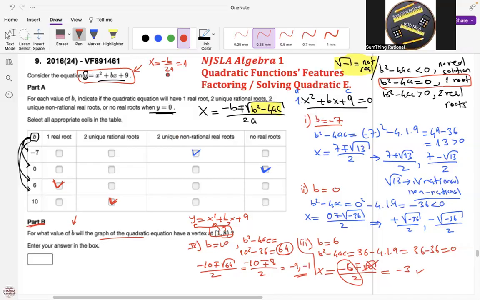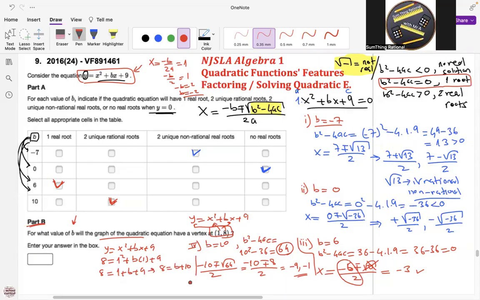So negative b over 2 is equal to 1, negative b is equal to 2, b is equal to negative 2.